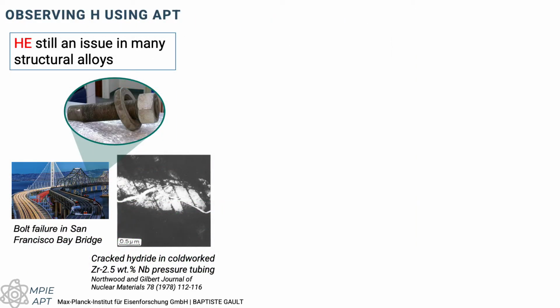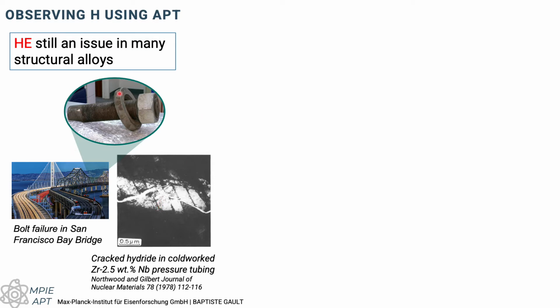A strong limitation of most microscopy techniques is the detection of light elements. And this has been a huge issue in the past, and although, for example, hydrogen has been known to embrittle materials for over 150 years, there are still many questions pertaining to how the hydrogen penetrates, where it goes inside of the microstructure, and how it affects the mechanical properties of the material.